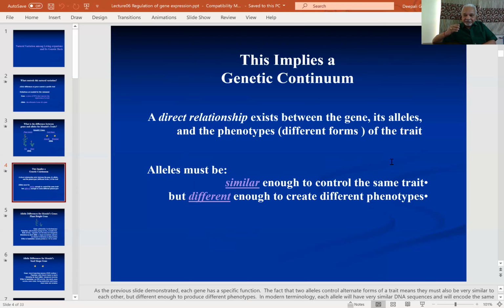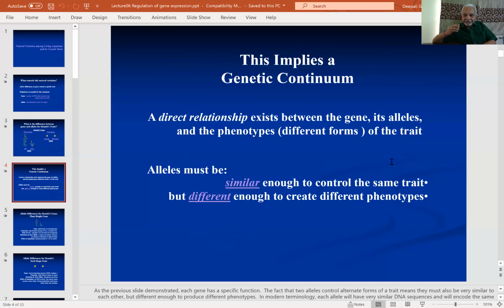An allele must be similar enough to control the same trait, but different enough to create different phenotypes. So from gene to allele, and then the phenotype.